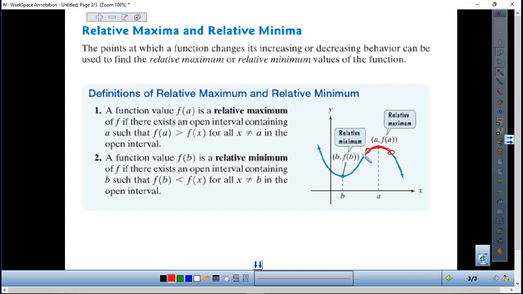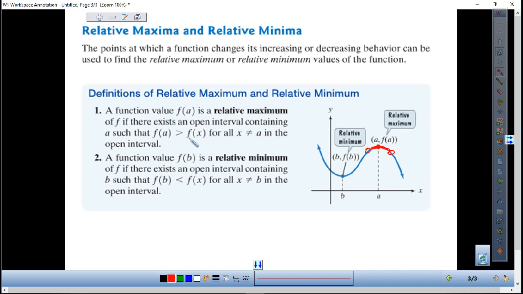If we had a right there, that is going to be a relative maximum. Relative maximum, local maximum, they're two different ways of saying the exact same thing. Local is also another way you say that. Now, let's follow through the definition here. So we have f of a, that's right there. And what do we know about every other x value in this thing?